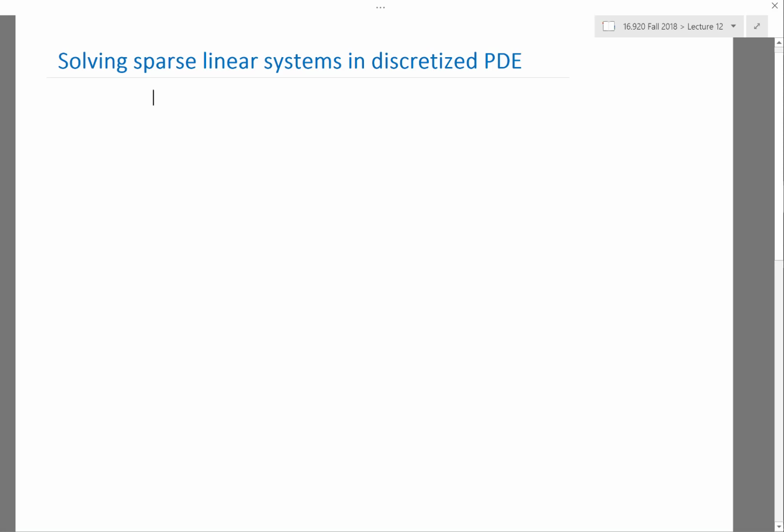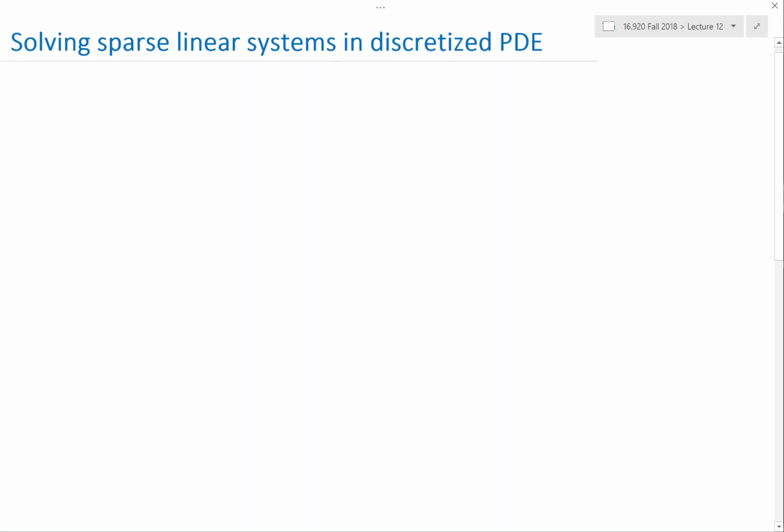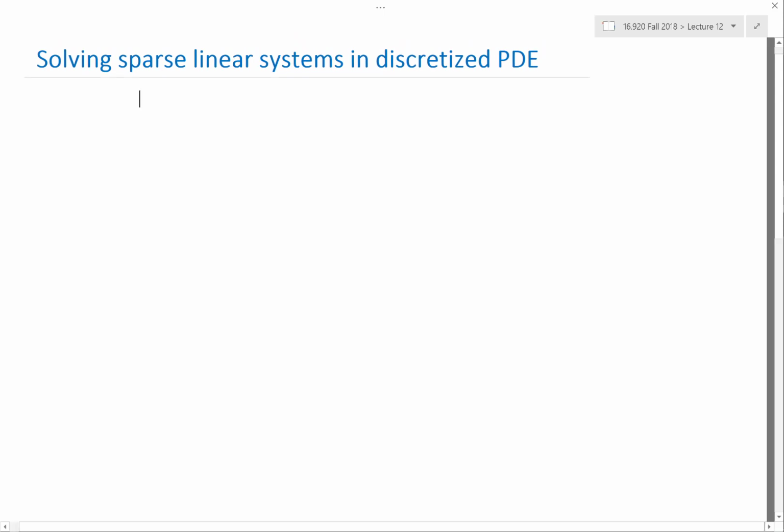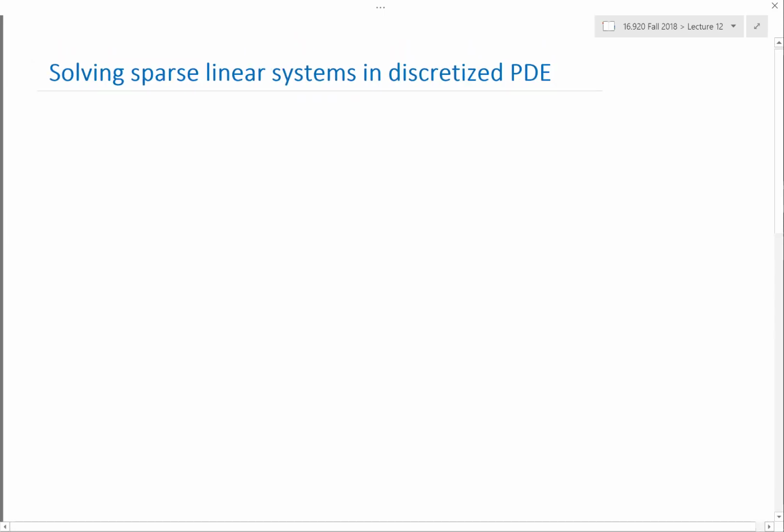Right, so let's review a little bit of what LU decomposition or Gauss elimination does. Actually, they are the same algorithm. LU decomposition is basically a matrix way of describing what Gauss elimination does for solving linear equations.